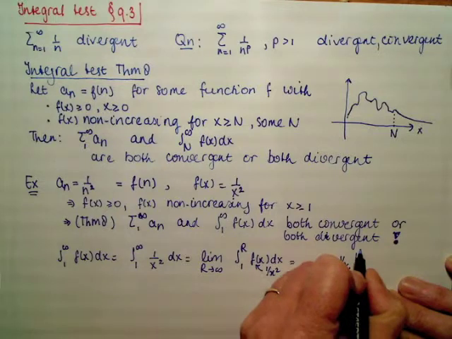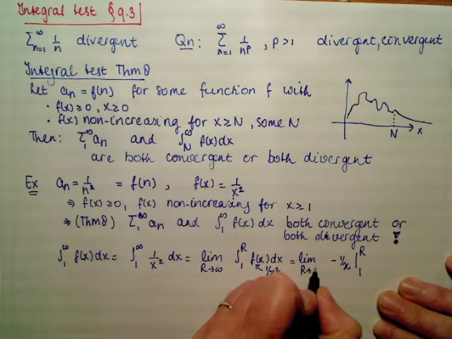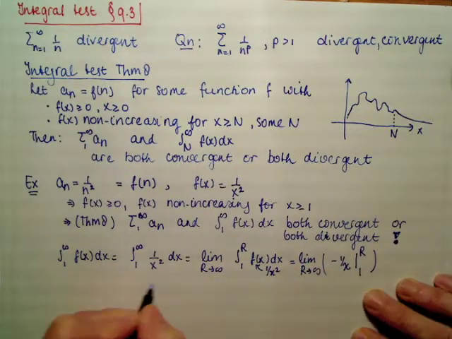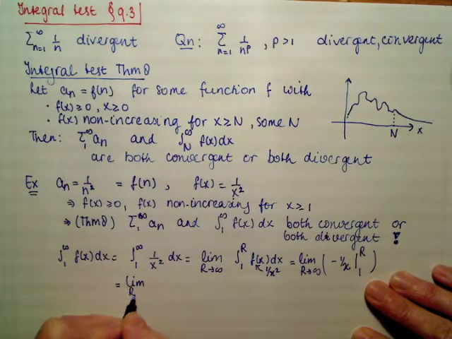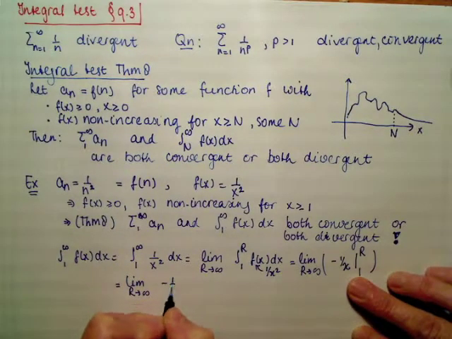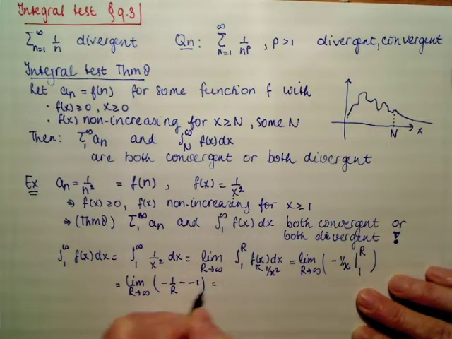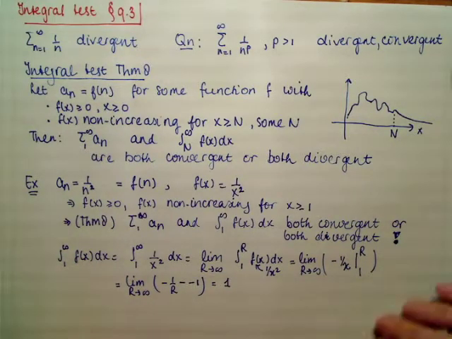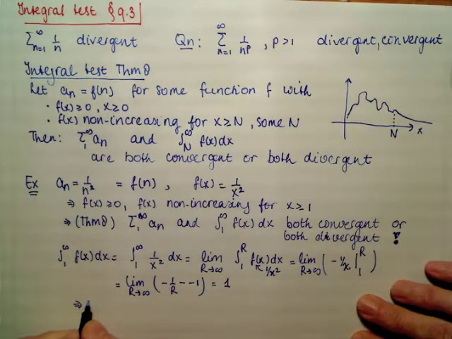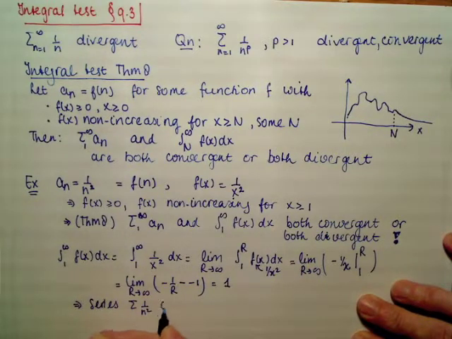We have to evaluate it between the boundaries 1 and r, and we have to take the limit for r tending to infinity of this expression, and this is equal to minus 1 over r minus (minus 1 over 1), and we see that this is equal to 1. Okay, so this is a convergent integral, and so the conclusion is easy, that the series is convergent.